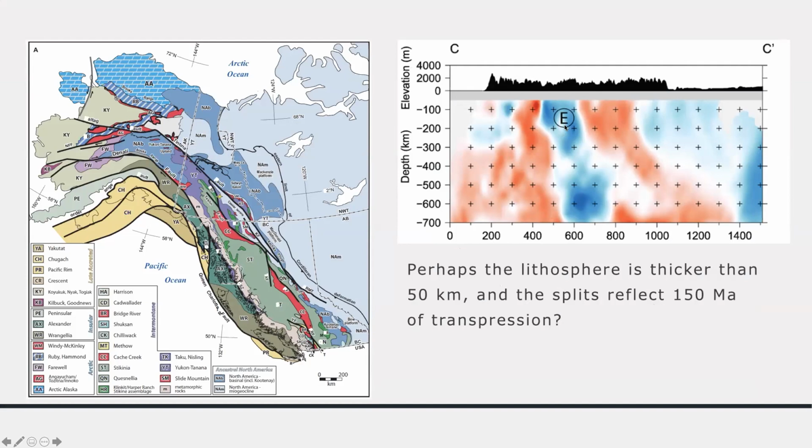The anomaly that we see in the body wave tomography, this is the P wave tomography, definitely suggests that lithospheric structures may be deeper than 50 kilometers, at least for certain local areas.